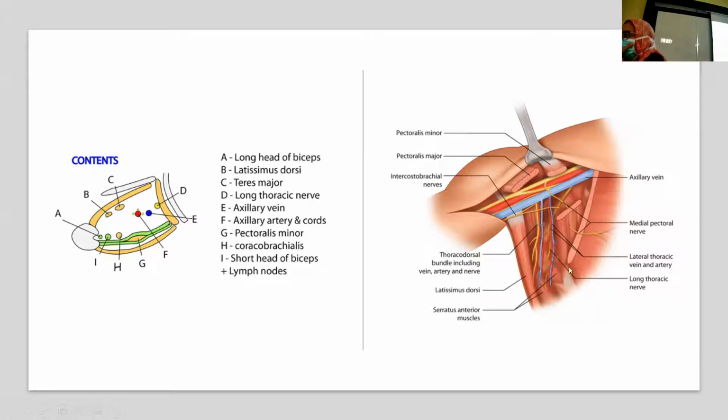When you do an axillary dissection, you would encounter your thoracodorsal bundle here, and your long thoracic nerve is a bit deeper than your thoracodorsal nerve. So the thoracodorsal nerve is here along with the bundle, and then the long thoracic nerve a bit deeper.